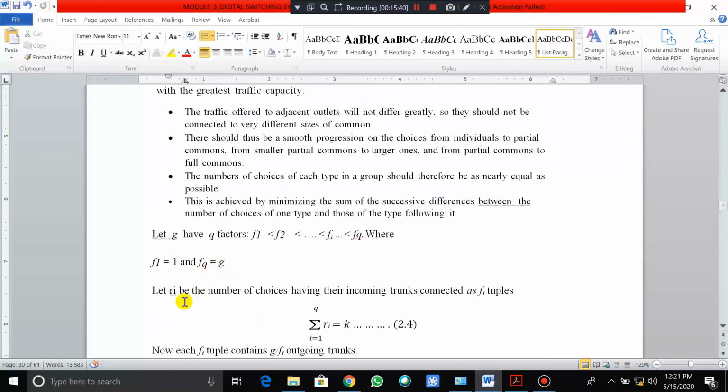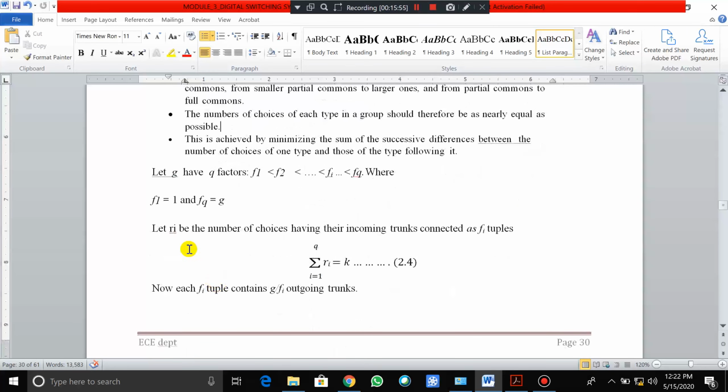Let G have Q factors, where F1 is less than F2, less than F of I, less than F of Q, where F of 1 is equal to 1 and F of Q is equal to G. Let R of I be the number of choices having their incoming trunks connected as F of I tuples.